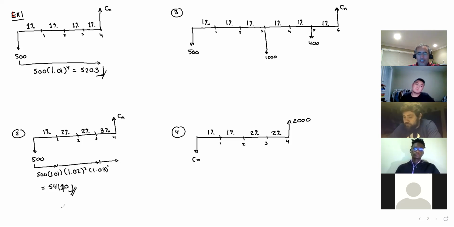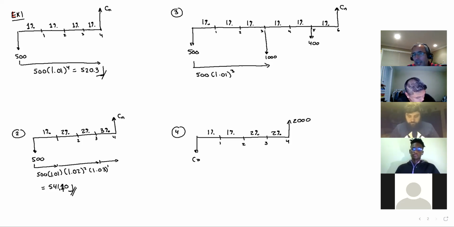Okay, this one here is a little more complex, but we can use the technique that we have always used. So let's move first the 500 to this position. This is going to be 500 times 1.01 to the power 3, correct? Then when the 1,000 enters, so this is my capital at period 3. When the 1,000 enters the equation, this is going to be my new capital. Agree with me?